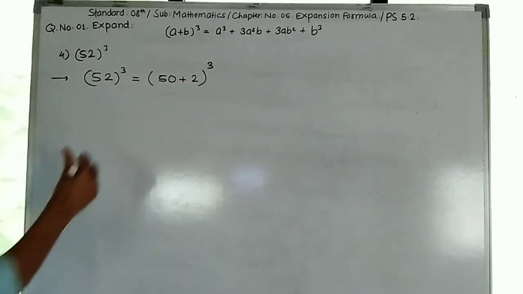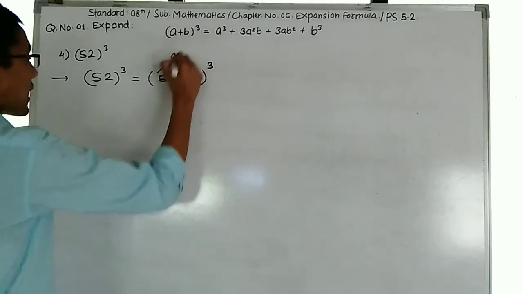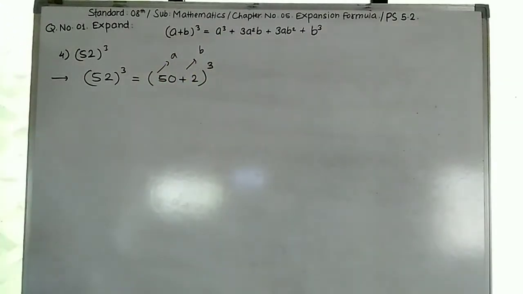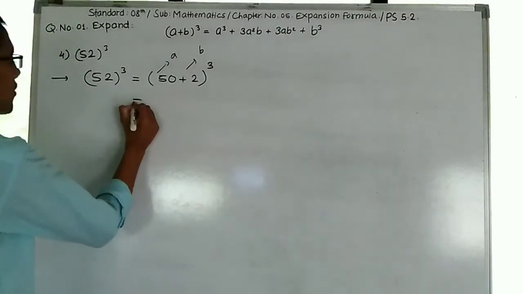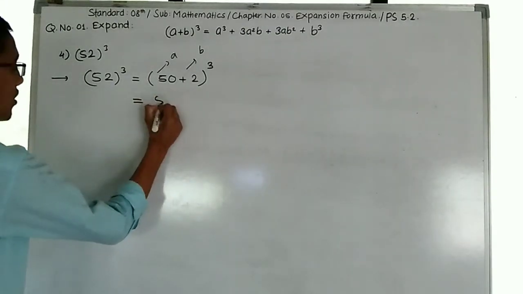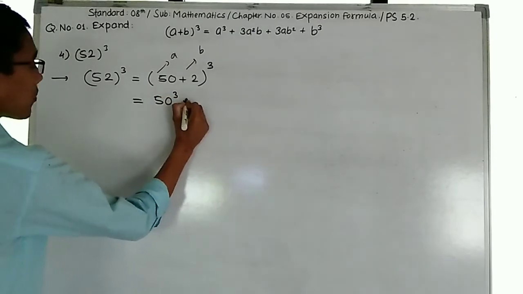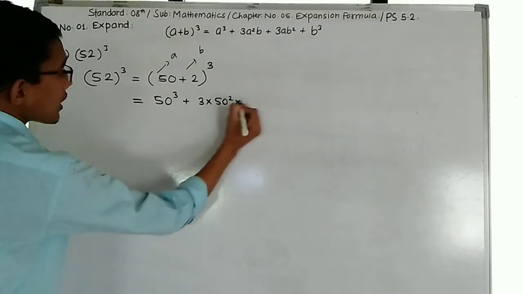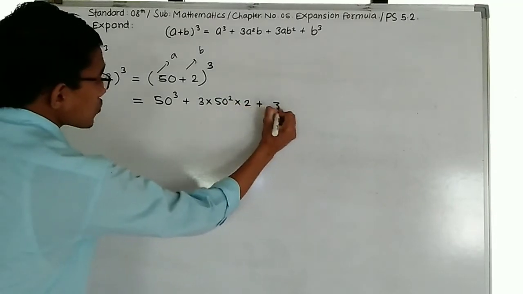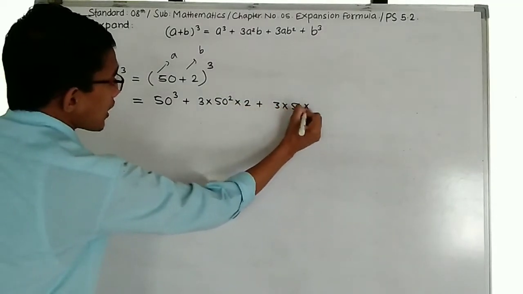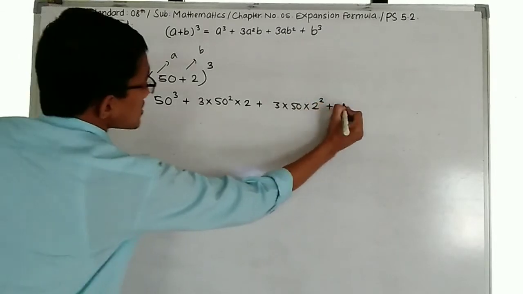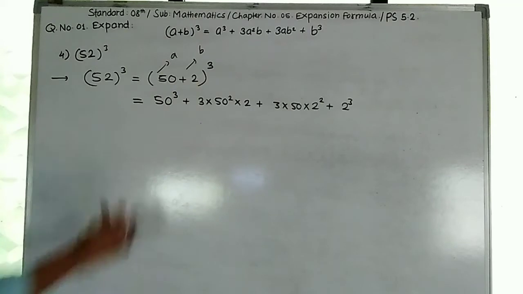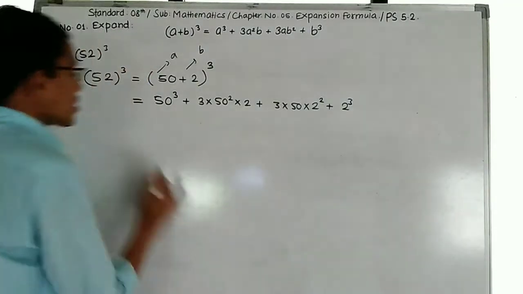Okay, so now I am going to take 50 as my A and 2 as my B. Okay, then by applying the formula we can write 50 cube plus 3 into 50 square into 2 plus 3 into 50 into 2 square plus 2 cube. Okay, so we have applied the formula and we have written down this step.